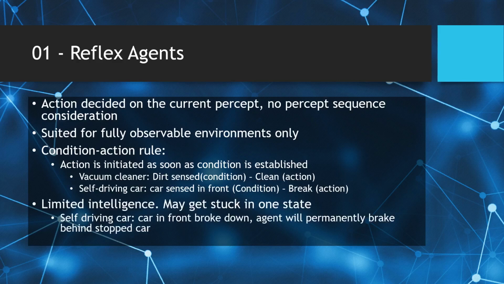For example, the car will use the percept of a car in front being stopped to press the brake, but it has no idea that the car in front of it might be broken down and cannot move. In such a case, the agent will permanently stay in the state of braking behind the stopped car. Infinite loops are often unavoidable for simple reflex agents operating in partially observable environments.